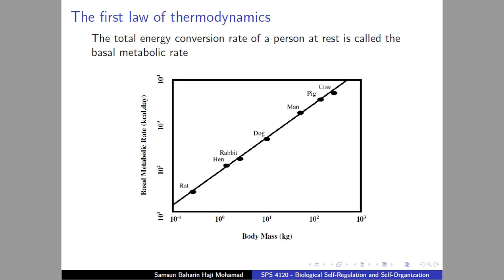The total energy conversion rate of a person at rest is called the basal metabolic rate, or BMR. Here you can see from the graph the BMR for a number of animals, including us, men. The rat is the lowest, and the cow in this case is the highest.